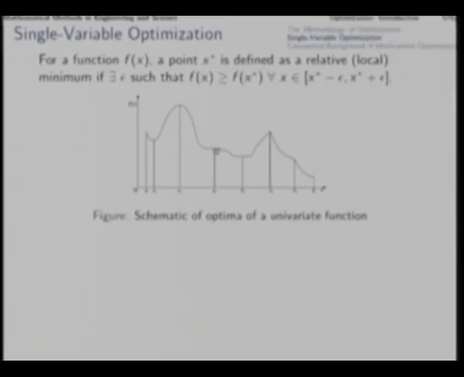So, this is not a local minimum point. It is neither a local maximum point, because on the left side of it the function value is likely to be higher. So, this is a point of inflection.